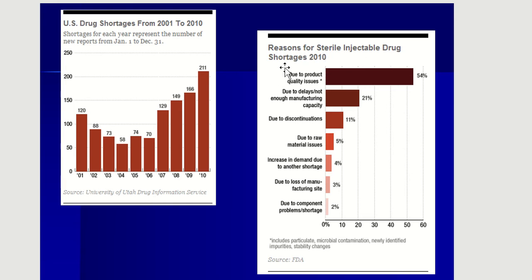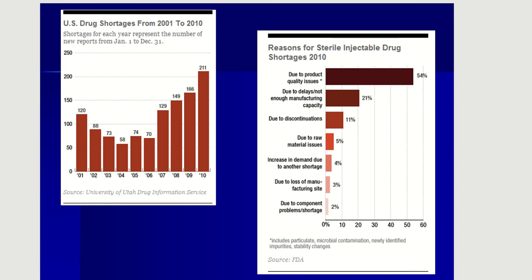So they picked one type of shortage, which is sterile injectable drugs, in one year, 2010, and then they're showing you the reasons behind the shortage, starting from the leading reason, which is product quality issues, followed by the least important or frequent reason. Again you have the source and you have annotations. They're showing you the percentages, so you are able to understand everything just by reading these graphs.